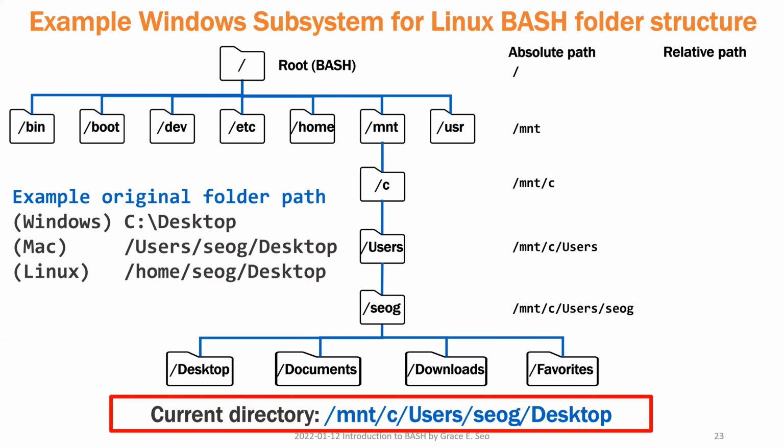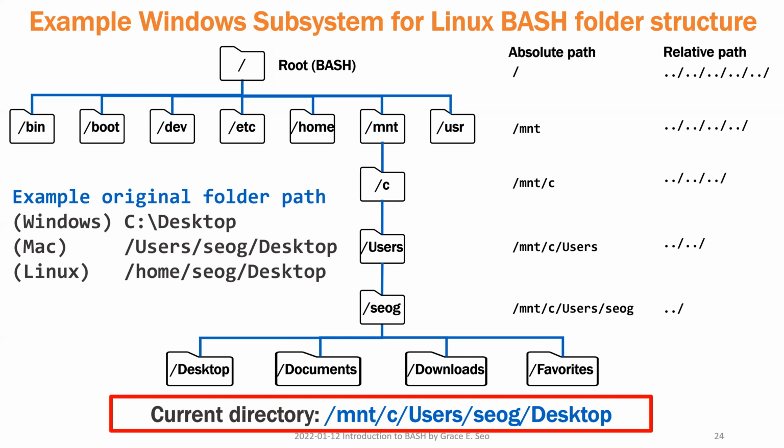So if you want to open a file in your current directory, you will use ./filename. And from our current desktop directory, to get to one parent directory above, let's say the SEOG folder, we will type ../ and so on. So the same pattern applies if you want to go all the way back to the root directory using relative path.